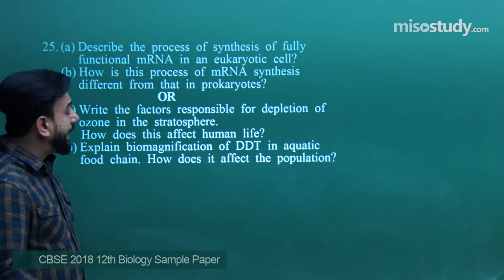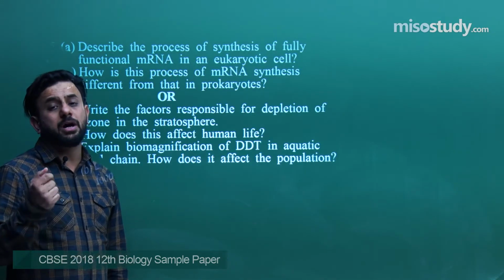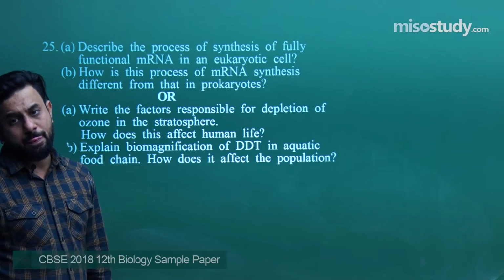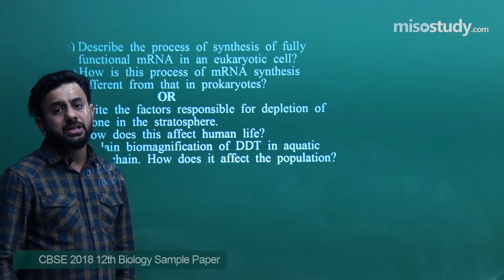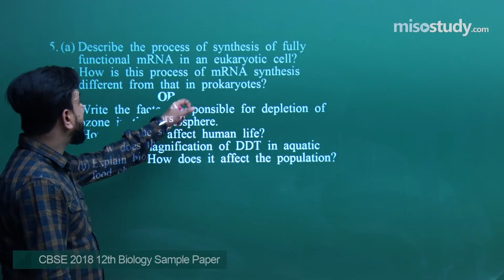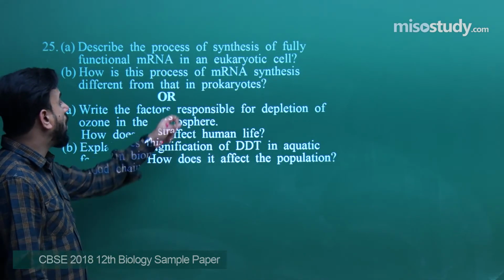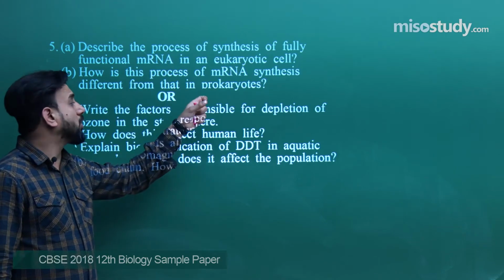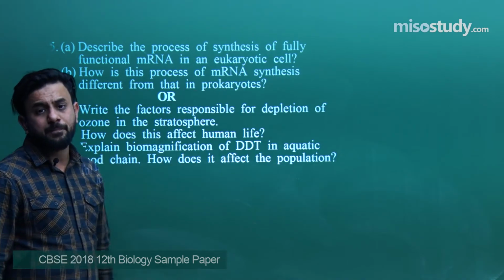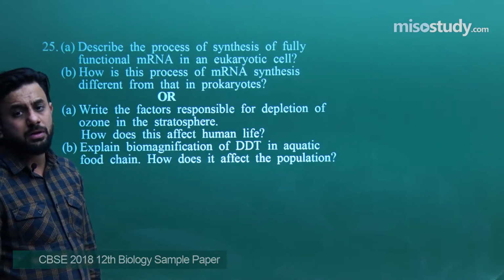First of all, in the prokaryote there is a polycistronic DNA. Secondly, there is no formation of the exons over here.